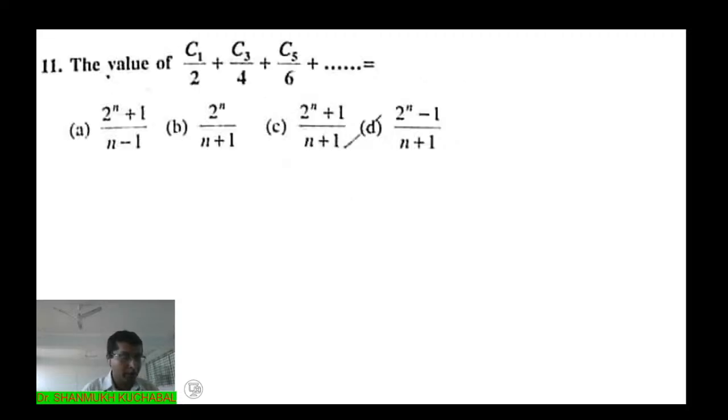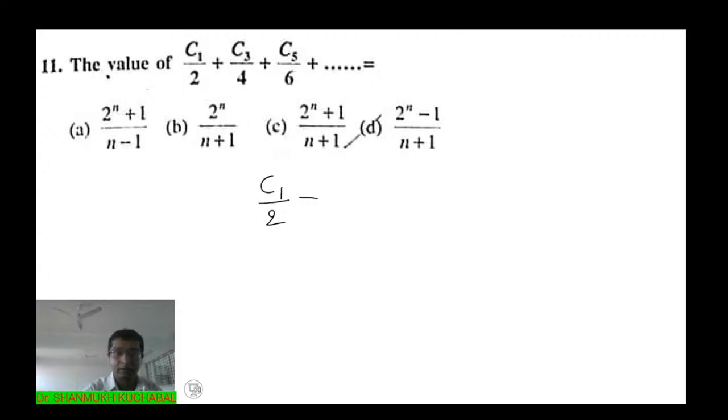Now we will move to example number 11. The value of C1 divided by 2 plus C3 divided by 4 plus C5 divided by 6 and so on is equal to, okay, this is one standard formula. I write it here, you have to remember this one.